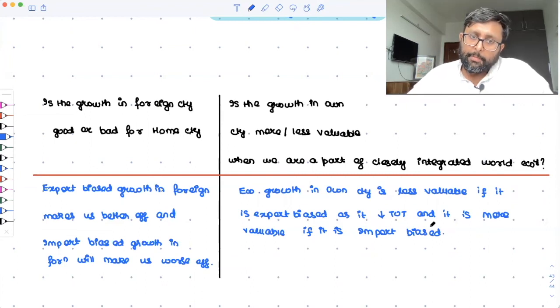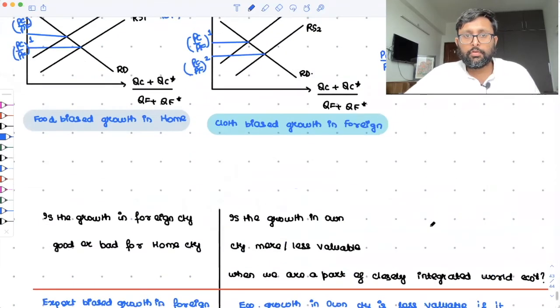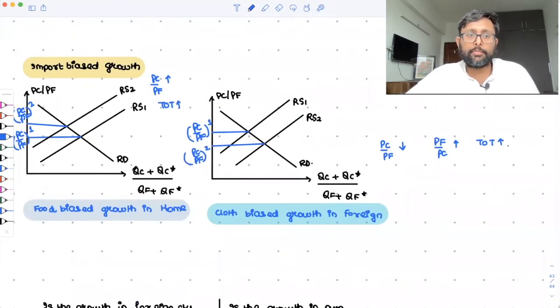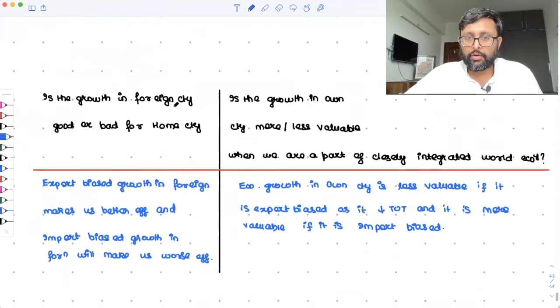So whatever I'm importing, if I'm able to produce more in my country, that is good for us, no? And here also you have seen, if it is an import bias growth, in my country I'm able to produce more of food. PC by PF is going to increase. That's what you have seen. Terms of trade is going to increase, right?